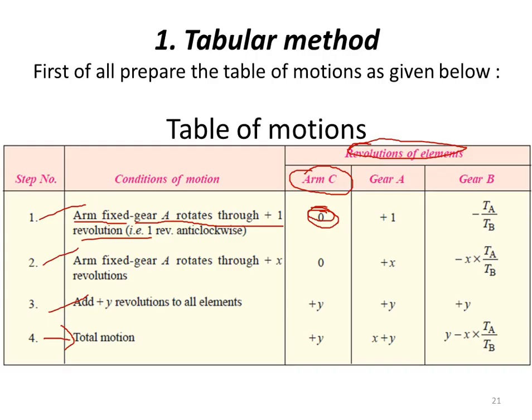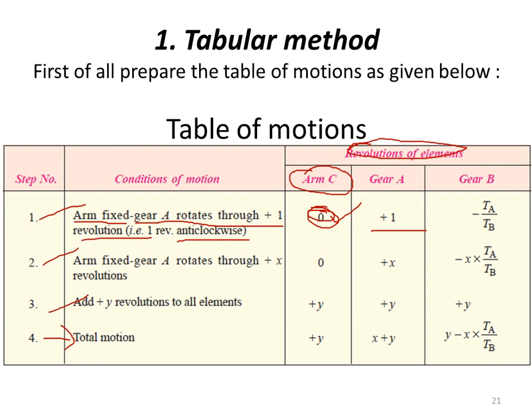So the first step is to make arm C fixed, so you will get 0 here, and then gear A you give +1 revolution, so you write +1. You have considered anti-clockwise as positive, so 1 revolution anti-clockwise, so +1. If you take the reverse also, you will finally get the same answer. Whatever condition you take in the beginning, whether anti-clockwise or clockwise, you will automatically get the same answer at the end.